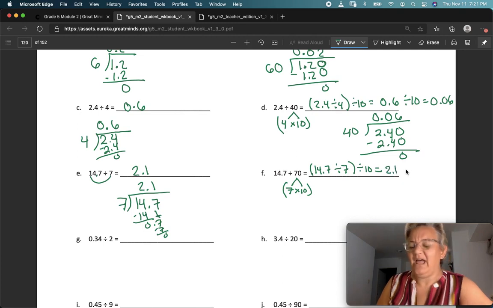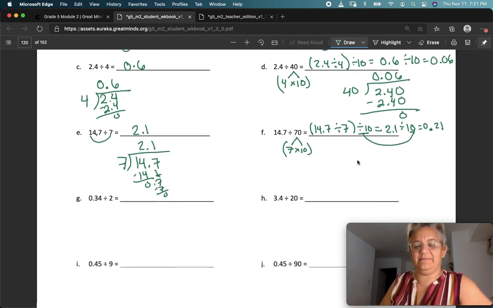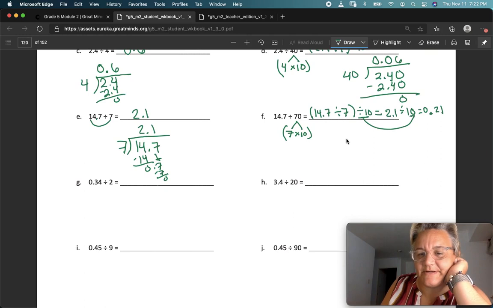And I'm going to bring this over here, divided by 10, equals 21 hundredths.